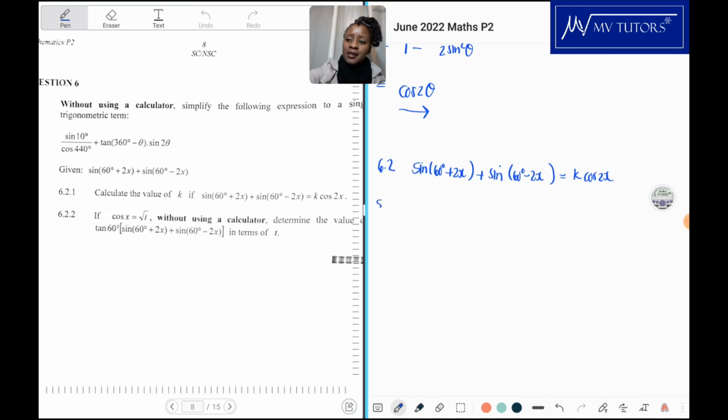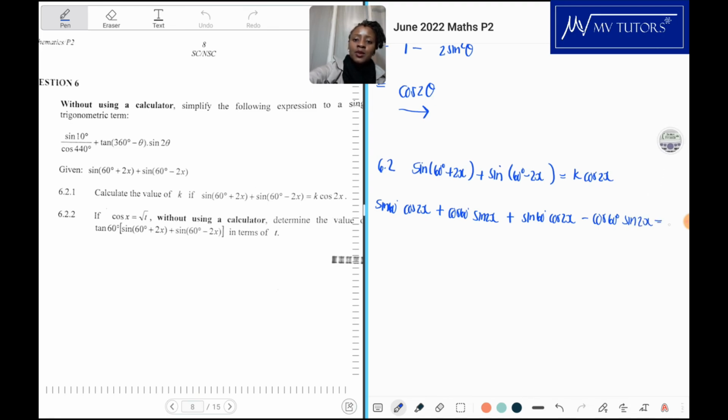So sine 60 times cos 2x plus cos 60 times sine 2x, and then I have plus sine 60 cos 2x minus cos 60 sine 2x, and that is all equal to k times cos 2x.